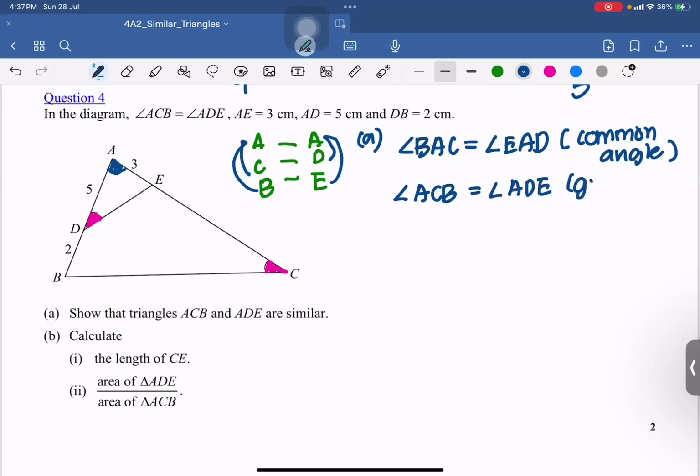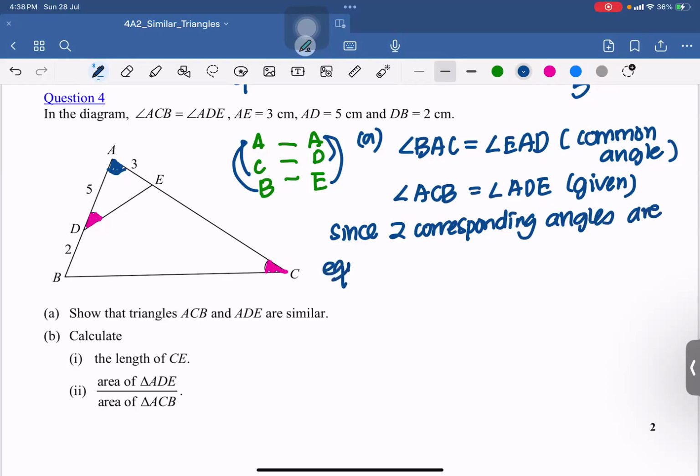This is given to us. So since we write our statement, two corresponding angles are equal, therefore triangle ACB is similar to triangle ADE. Have you gotten the answer?